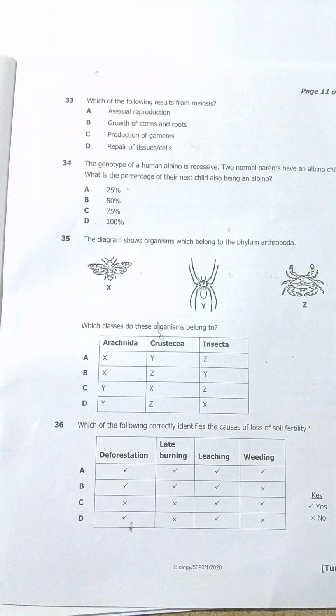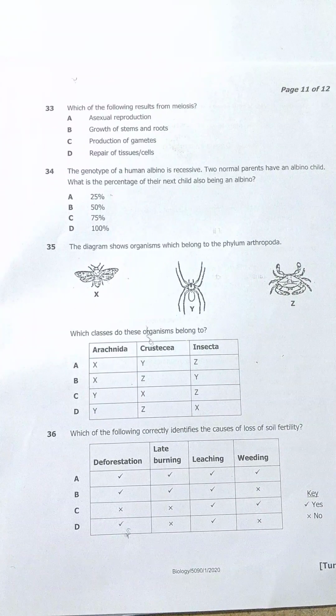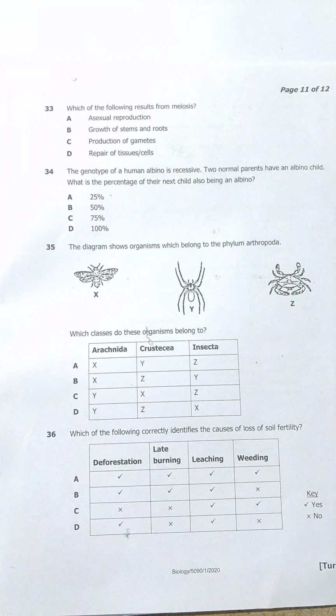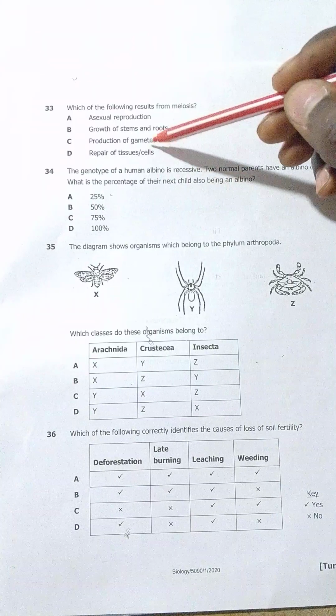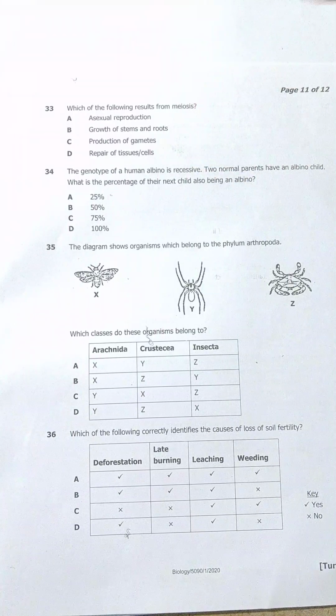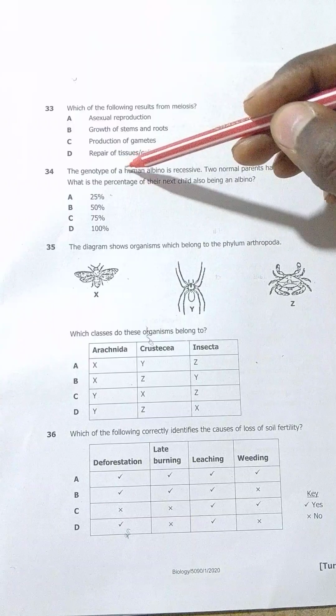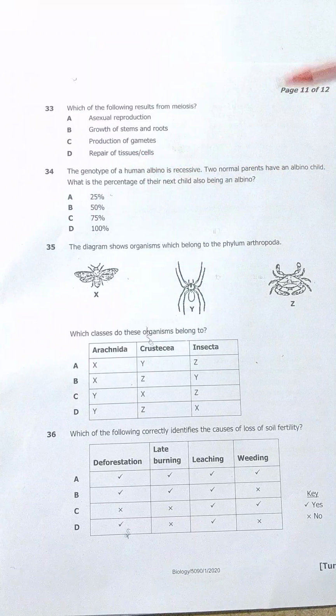Okay, we proceed. Which of the following results from meiosis? Meiosis deals with the sexual parts, the production of gametes. Mitosis talks about the growth of a living organism by multiplying the number of cells. Meiosis, instead of multiplying the number of cells for growth, is the opposite. The genotype of a human albino is recessive.